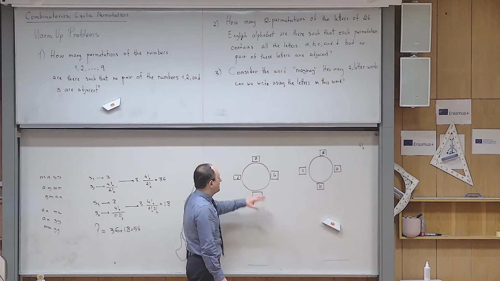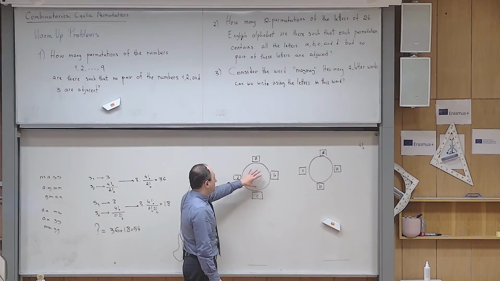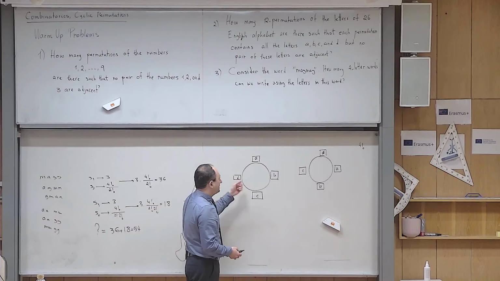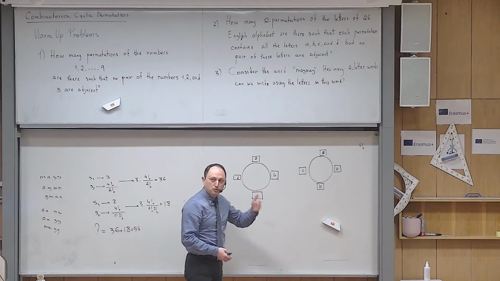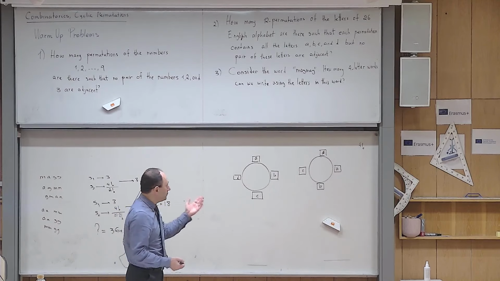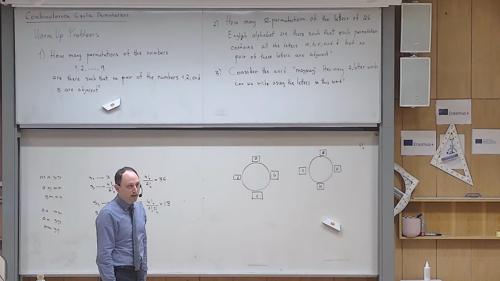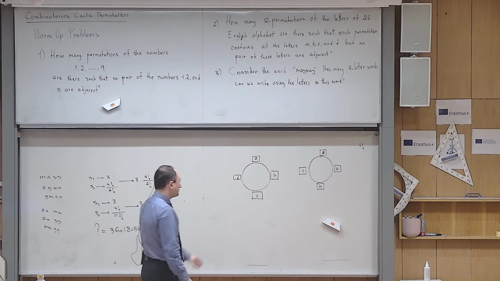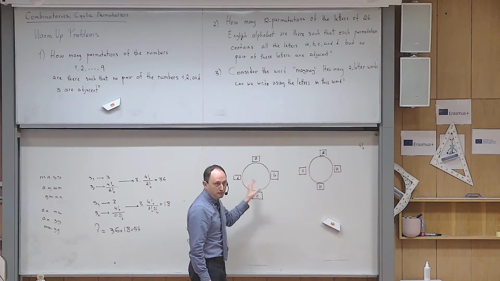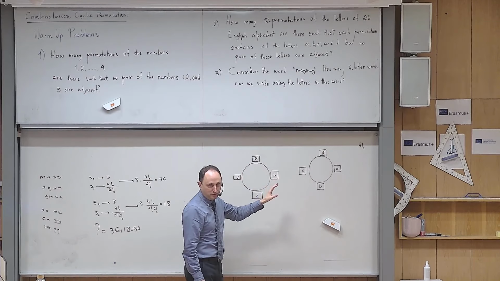When they say that people are sitting around a circular table or something like that, they are telling you that we want you to consider the cyclic permutation. Okay, so now can you tell me how many cyclic permutations we have? This one and that one are the same if we want to consider cyclic permutation.